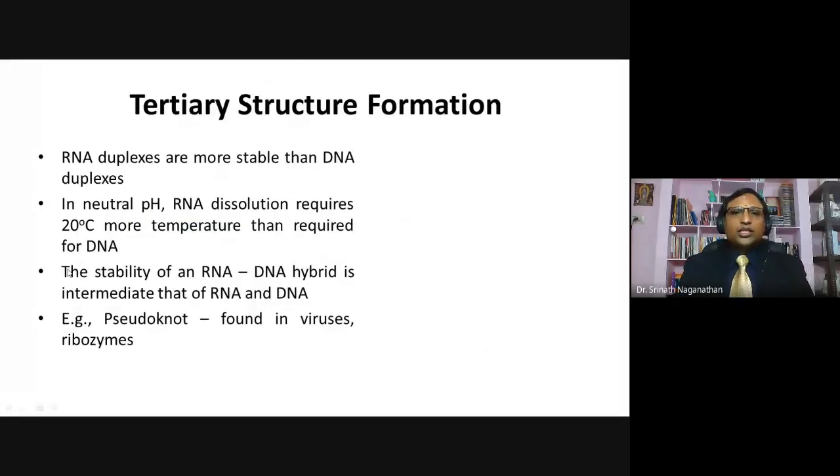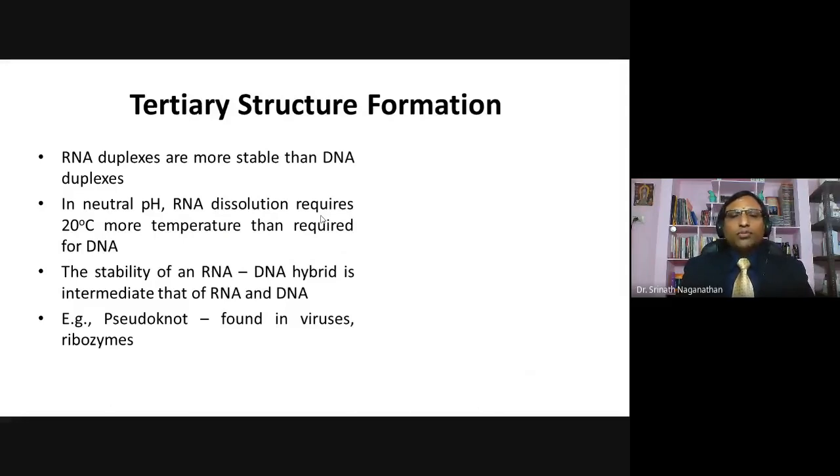Let's see the tertiary structure formation. RNA duplexes are more stable than DNA duplexes. In neutral pH, RNA dissolution requires 20 degrees Celsius more temperature than DNA. The stability of the RNA-DNA hybrid is intermediate between that of RNA and DNA.